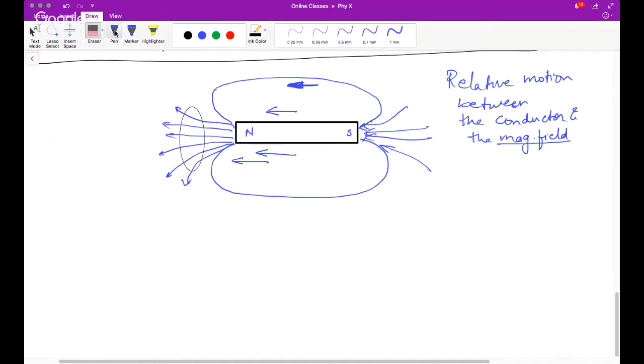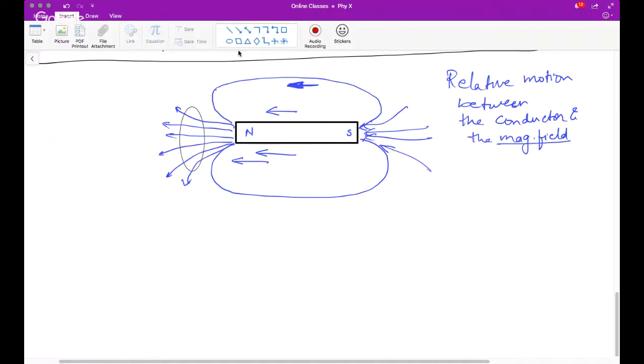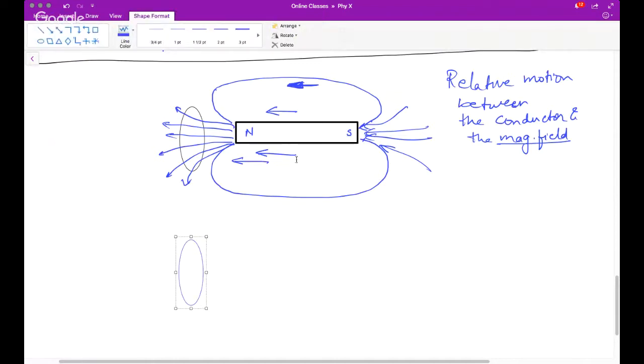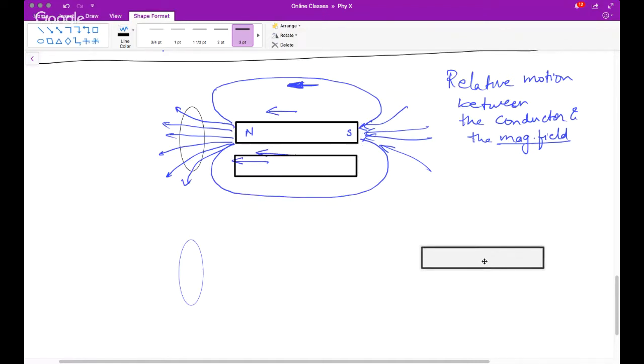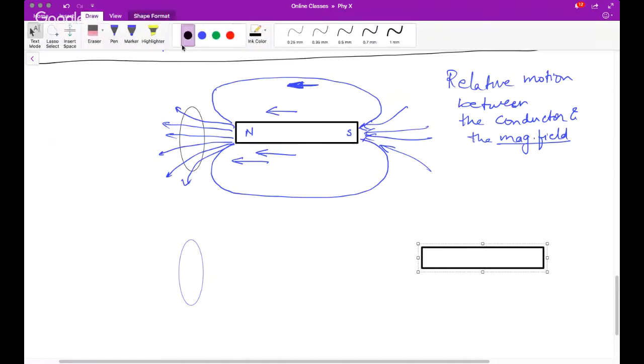Now let us say you had the same case. Ring is here, and let me copy this and paste it. So let's say when the magnet was here, the field density, meaning the field lines crossing the ring, would be very, very less, isn't it?